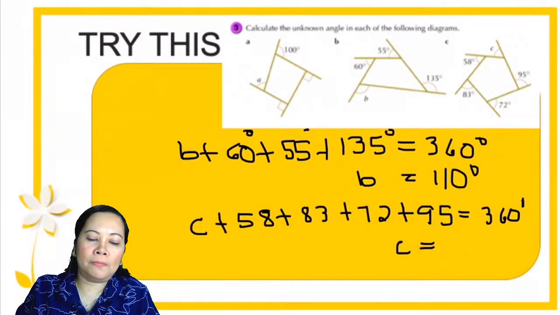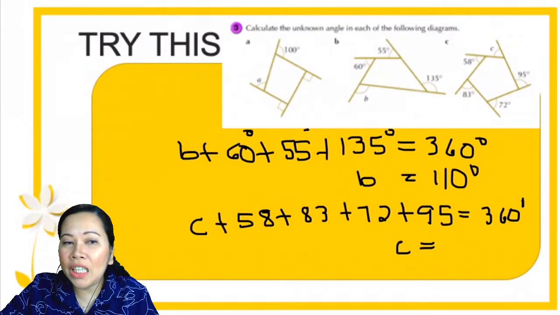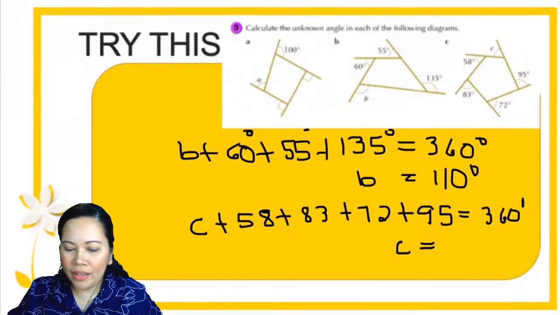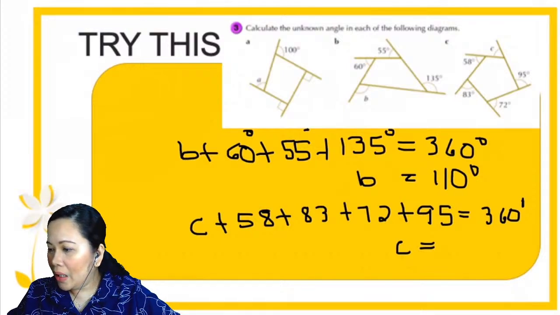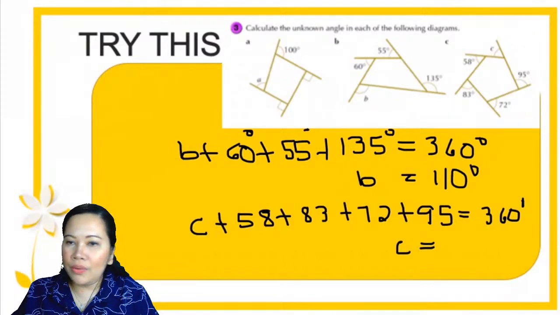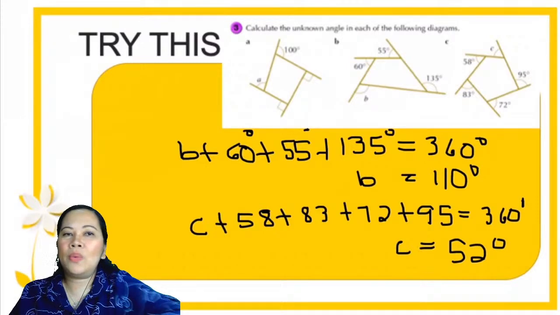Sure, 53. Okay, let's check. 58 plus 83 plus 72 plus 95, and 360 minus that is 52. Yes, that is correct. Well done, well done.